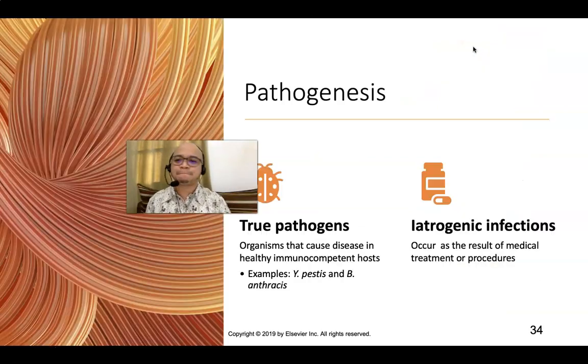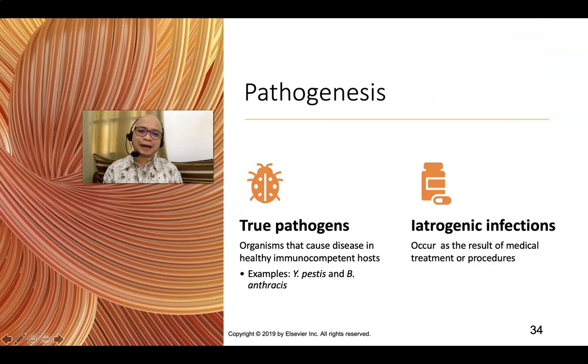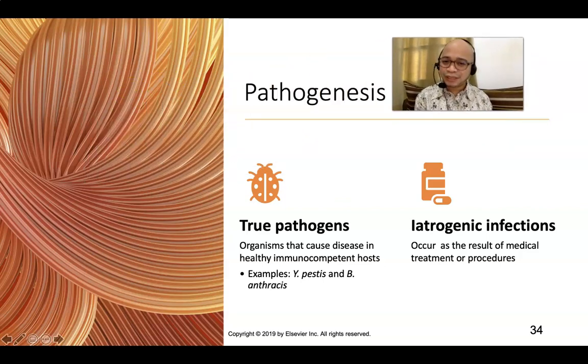Very important. So, regarding pathogenesis, these organisms may be considered true pathogens or causes of iatrogenic infection. True pathogens are organisms that are indeed pathogenic by nature, organisms that can cause disease even in healthy immunocompetent hosts. No matter how healthy you are, if you are infected with these microorganisms, they will cause an infection, such as Yersinia pestis and Bacillus anthracis.